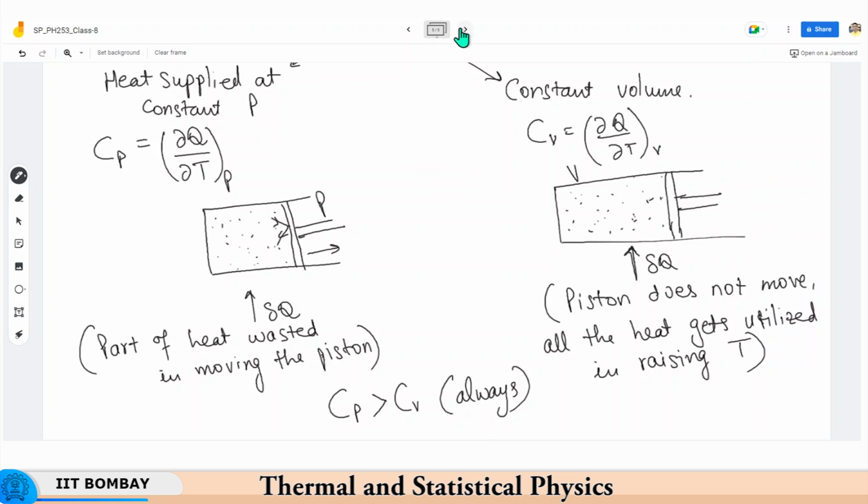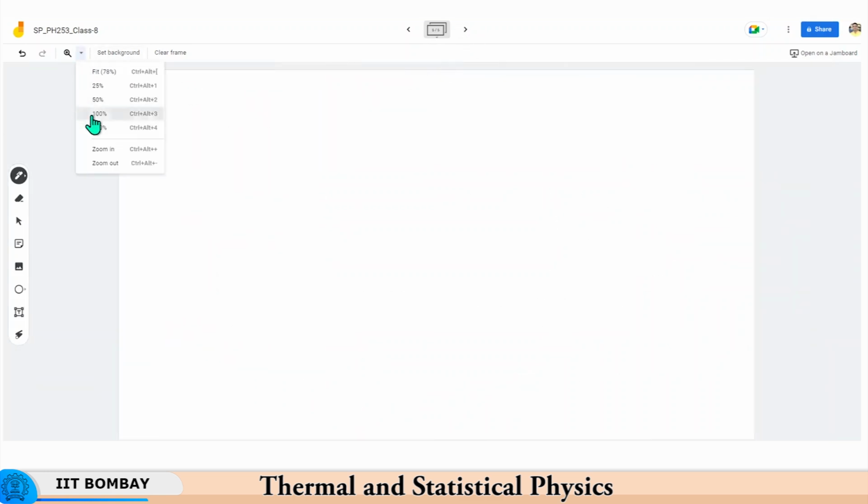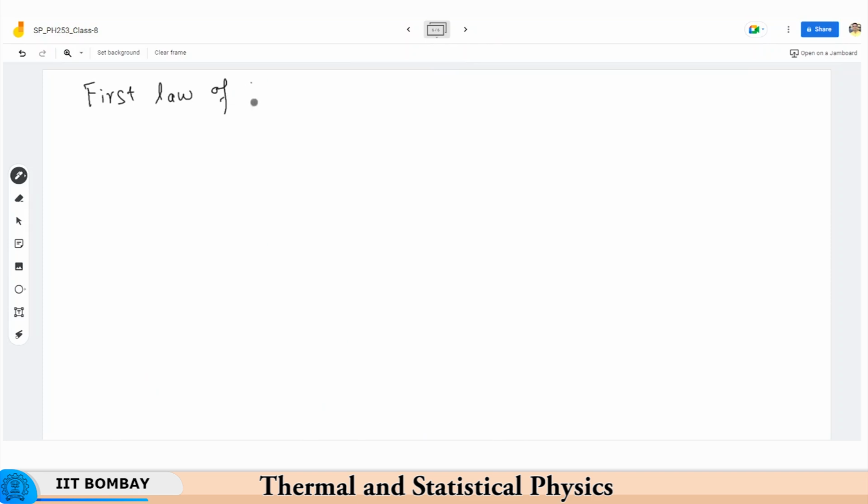Okay, so the next thing that we'll basically do, which we have already touched upon in kinetic theory, is first law of thermodynamics. Okay. All right.